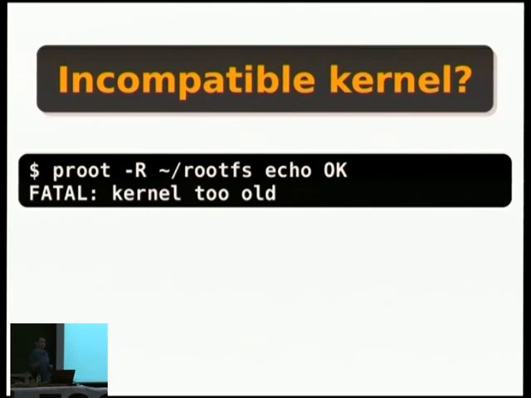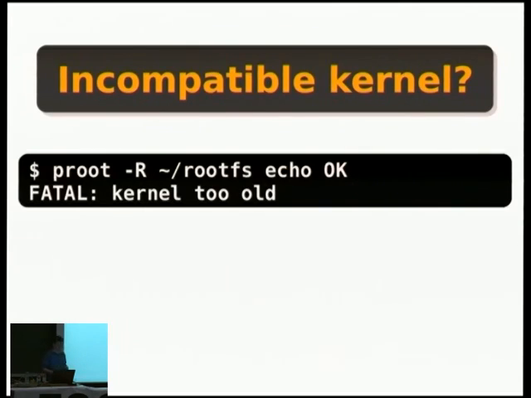Each time a program starts, it tries to detect if the current kernel is compatible with the expected features. So it tries to detect the current kernel version, and if the current kernel version is too old, you will get this message. This is not specific to PRoot. You will get the same with chroot or with other programs that perform the same kind of trick.